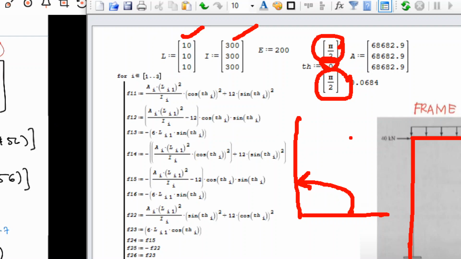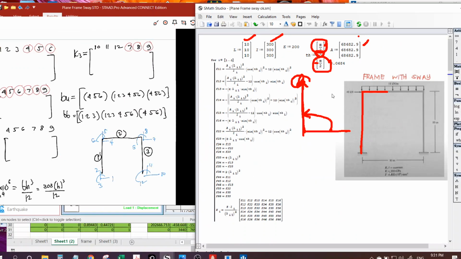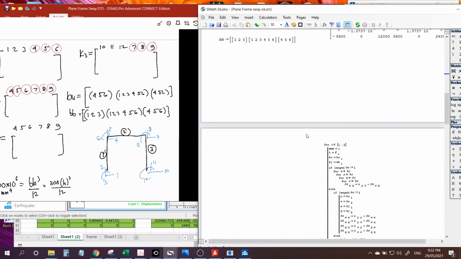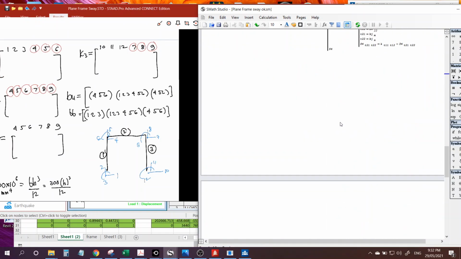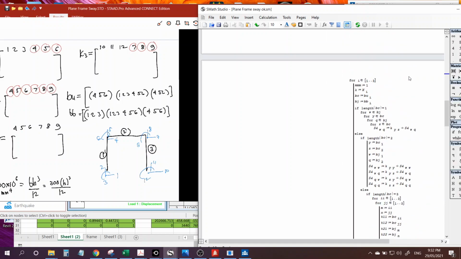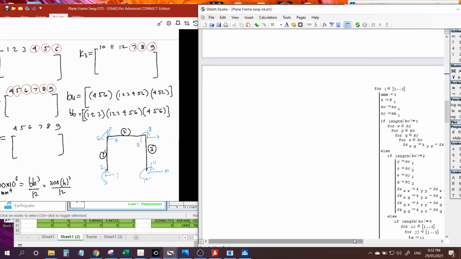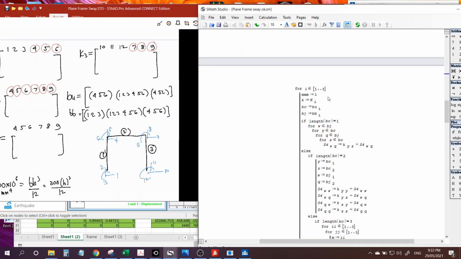In case you reverse the coding such that you started here, this will be negative pi over 2. Take note of that. That's why I made this my convention, so that my theta will be positive pi over 2. So this is our area, and here's the implementation. And take note, I changed the looping to 3 because we have 3 members.